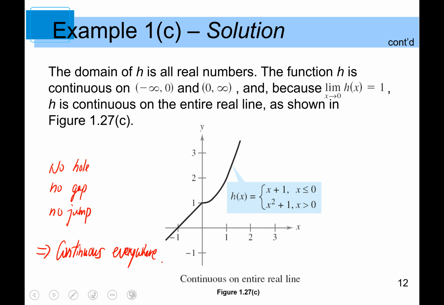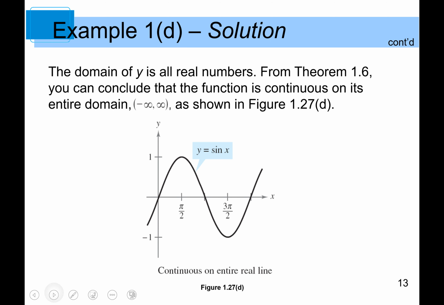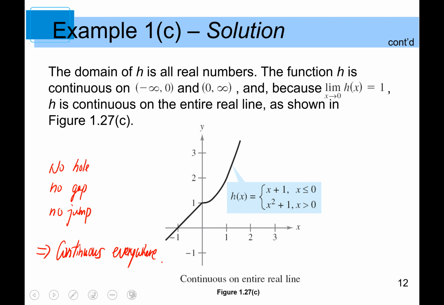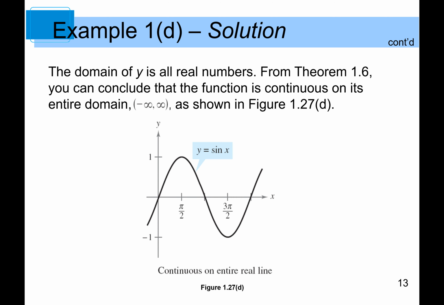And for the example, the domain of y is all real numbers, so it's continuous everywhere, right? Some function is a continuous function and it's continuous everywhere within all the real numbers.